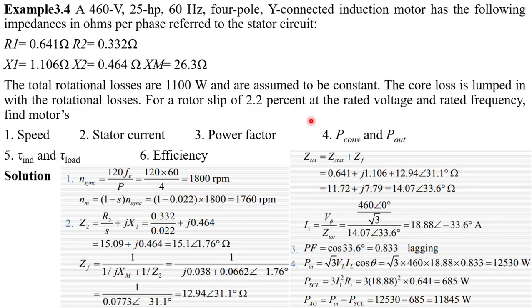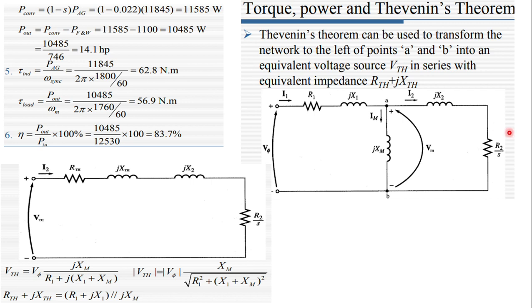Now R1, X1, X2 and Xm are already given. Here R2 over S and jX2 are in series. Reduce all the equivalent circuits, and then after that determine the stator current. So these elements R2 over S and jX2 are in series.